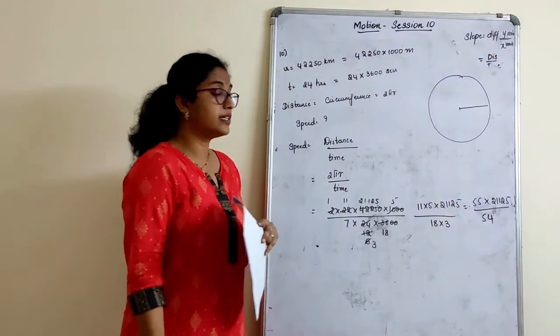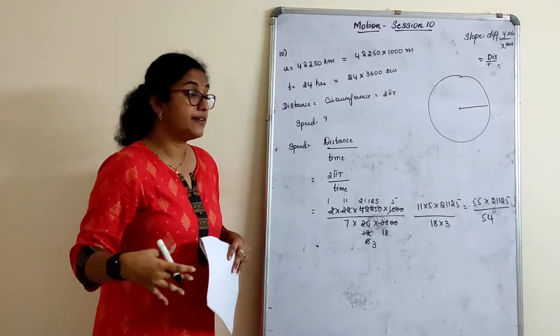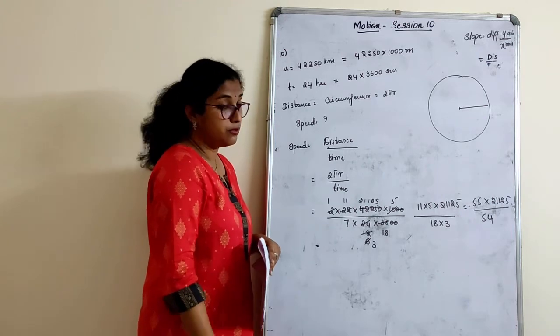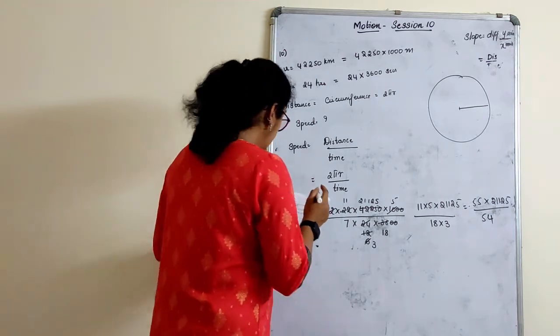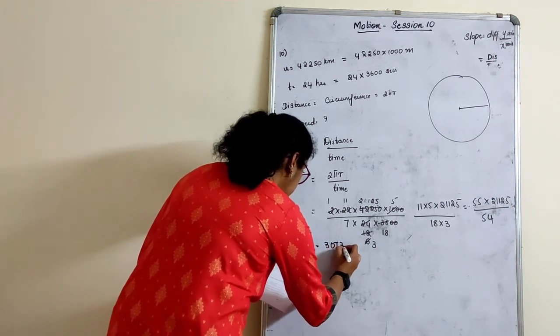Right, 54 ones are tables. 54 ones, 54 2s are, 3s are 4 5 6 7 8 9, and divide that. Multiply 55 into 21125 and then start dividing. I will give you an answer, but still you have to do the division process by yourself.